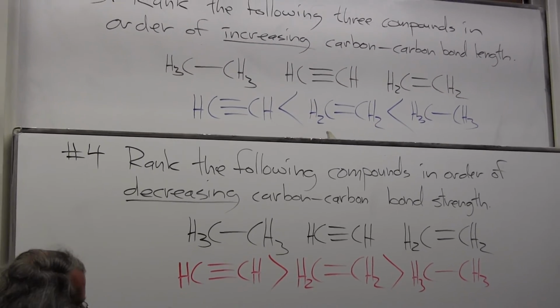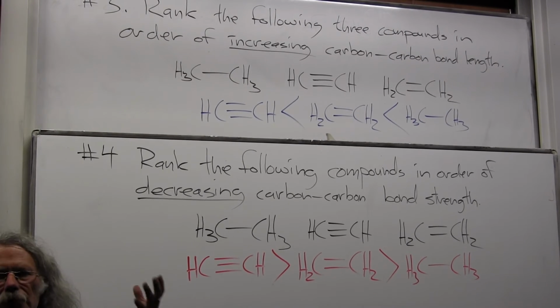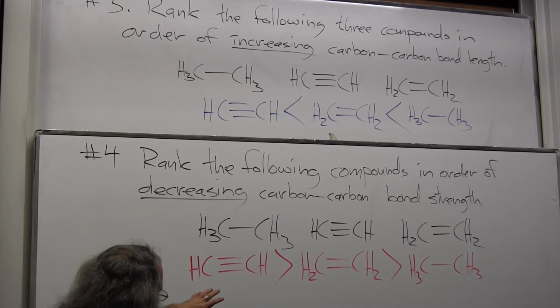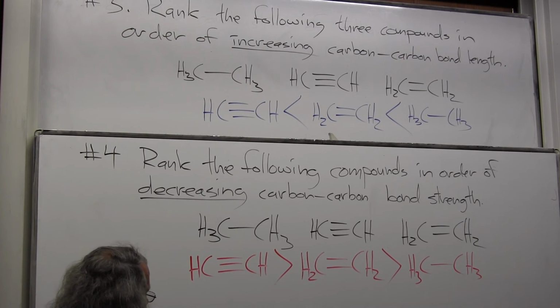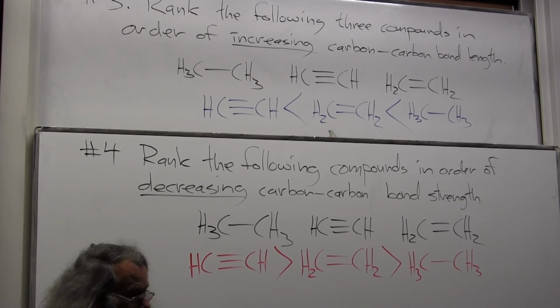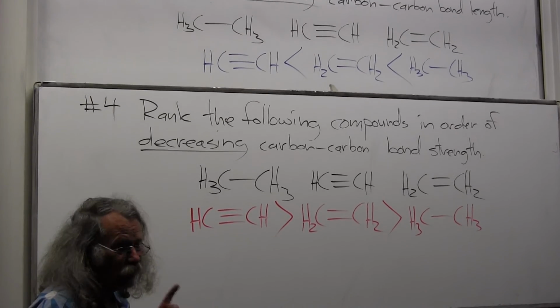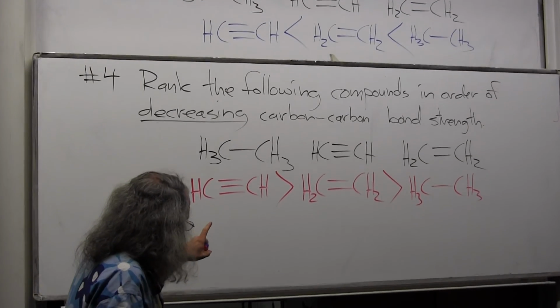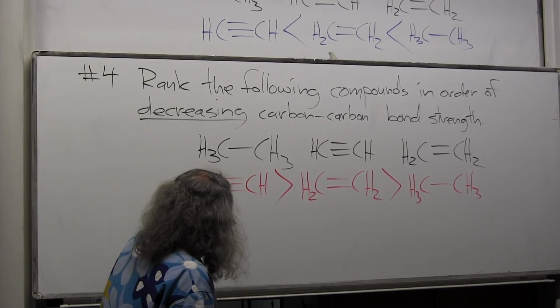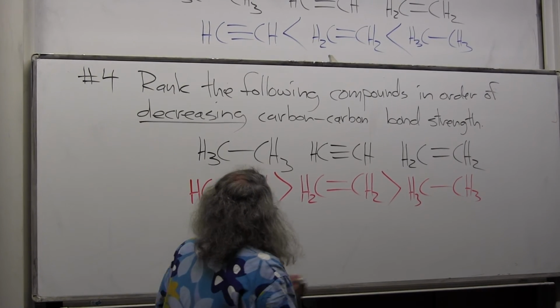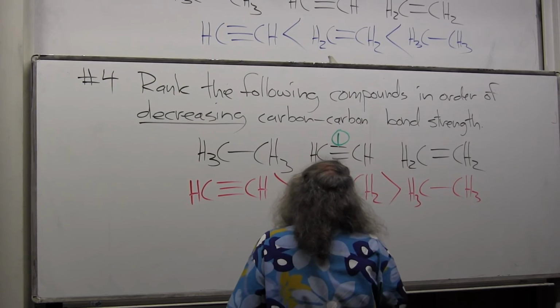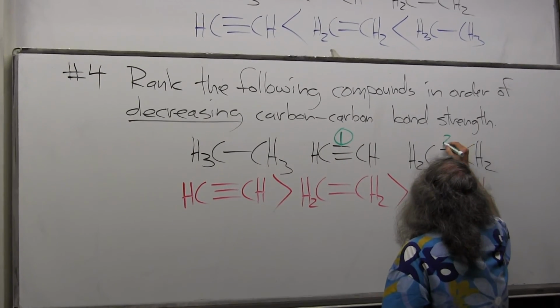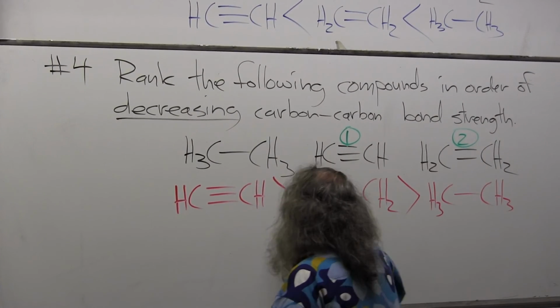You could depict it with a 1, 2, 3, by simply labeling it another way of denoting it on the test, and I've seen it done this way as well, and I'd accept it as long as you're clear. In order, this would be 1, this would be 2, and this would be 3.